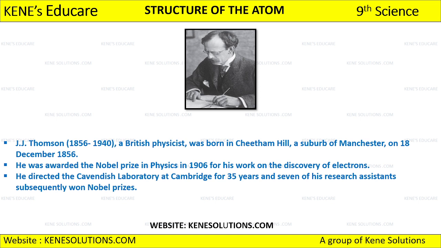While he was working, he directed the Cavendish Lab at Cambridge for 35 years, and seven of the research assistants who worked with him won Nobel prizes as well. So just imagine the work that they were trying to do, right?